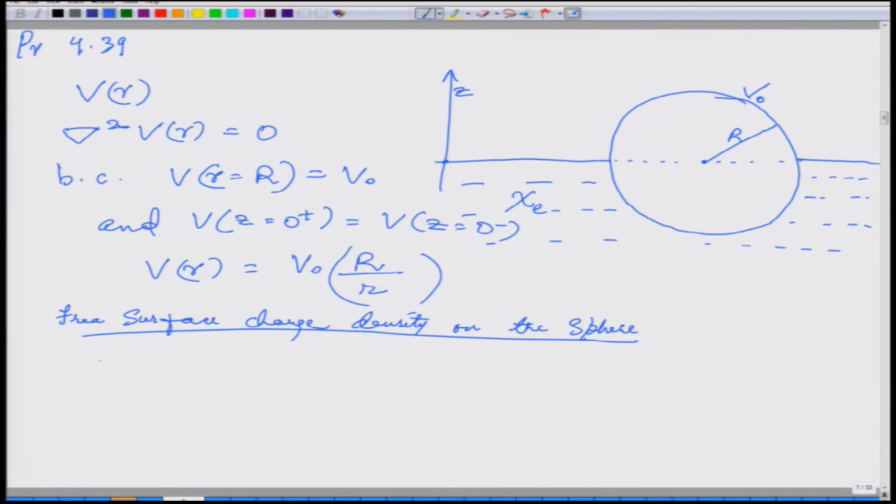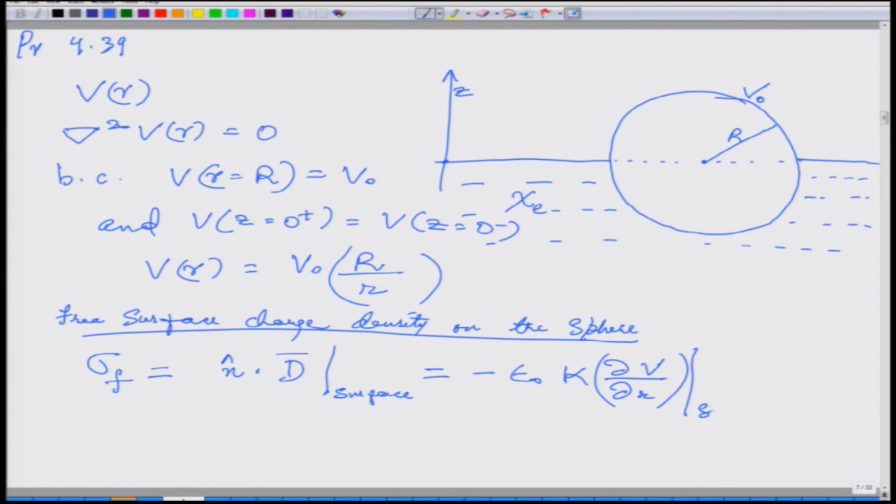So the formula will be sigma f, which is nothing but n cap dot the displacement vector, which needs to be evaluated at the surface of the sphere. So this will be nothing but epsilon naught k, the dielectric constant, del V del R, evaluated at the surface.